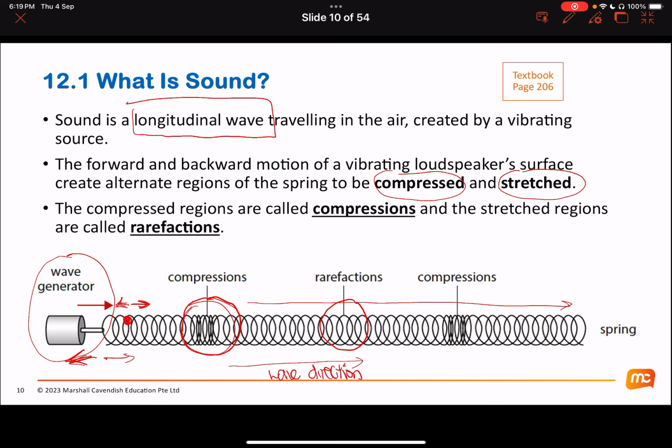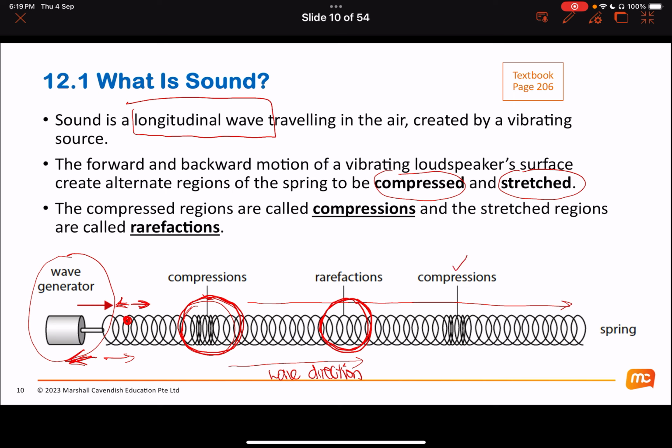And you will notice that there's a certain pattern to it. Next to a region of compression, you will have a region that is very sparse, very spaced out. We call that a rarefaction, and then it is followed by compression again.